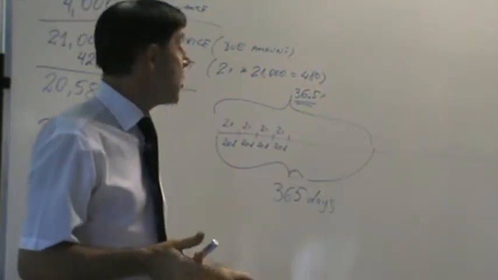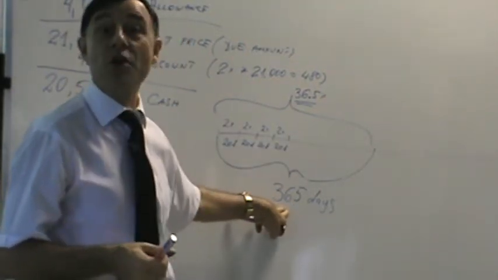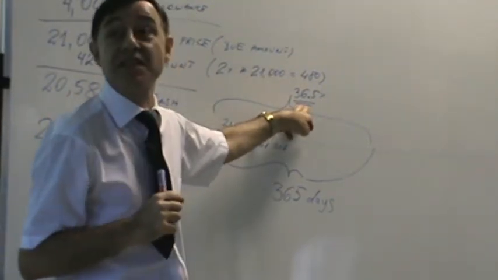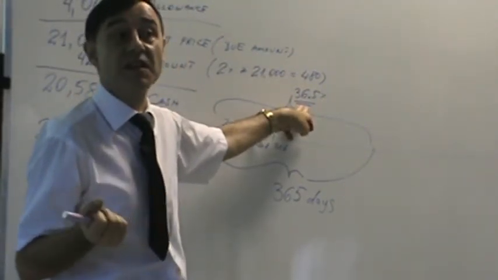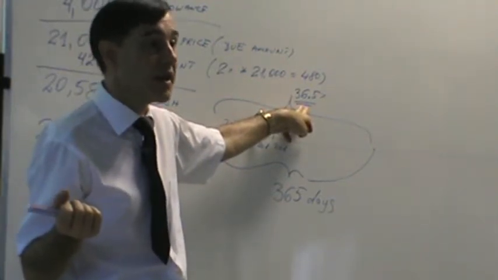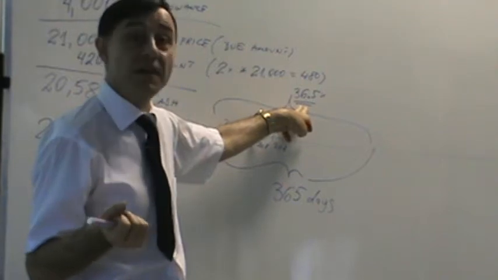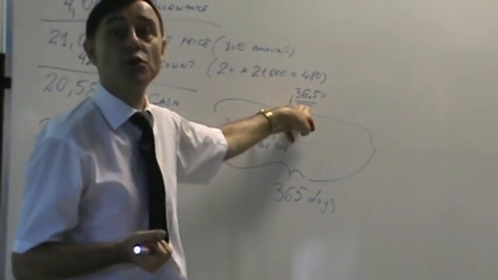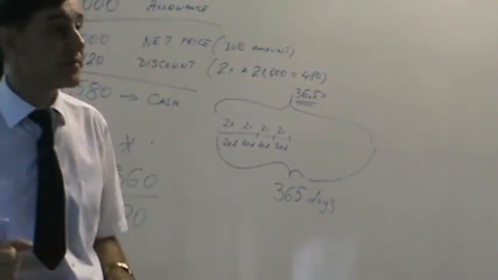Okay? So the discount you get is the same as getting 36.5% interest. It's a big interest on your money. So you are effectively saving 36% annual interest.